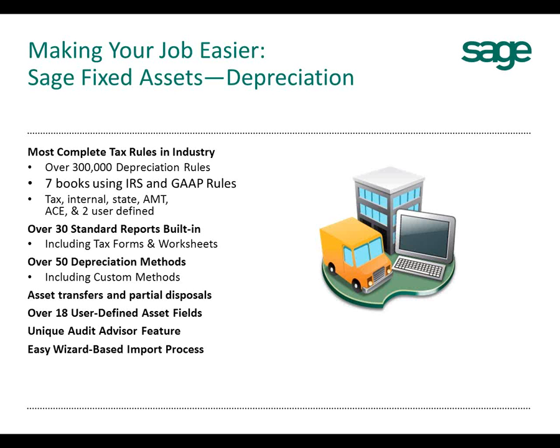We have all of the depreciation rules, over 300,000 rules that are embedded into this, over 30 standard reports that are built in, over 50 different methods of depreciation, and it does allow you to keep track of all those assets so that way you know where they're currently at, and being able to customize the entire screen. We're actually going to be doing a demonstration of this in a few minutes, but this is really where a lot of the customers are looking into the use of.